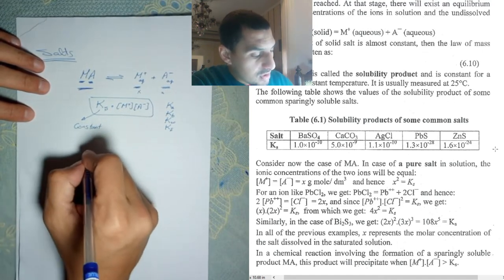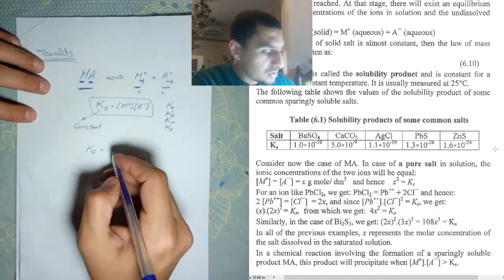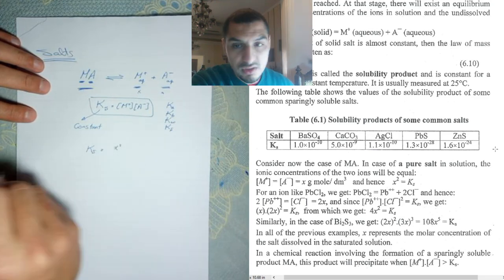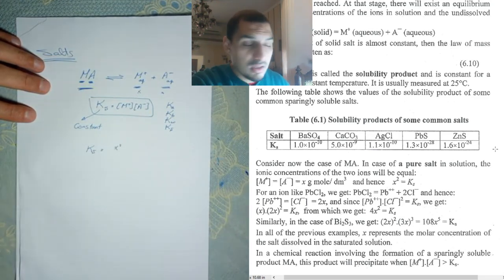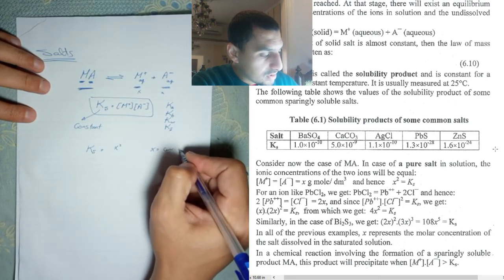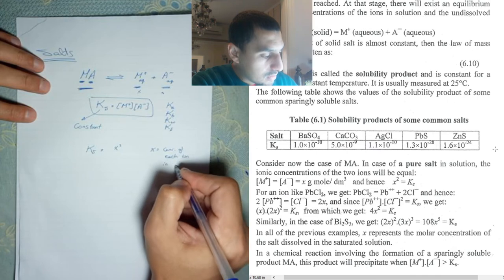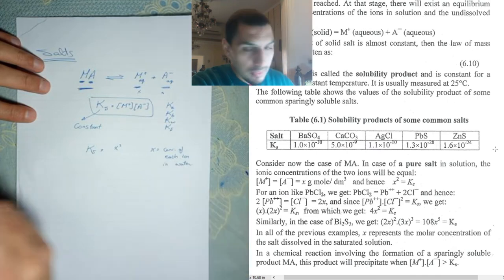So the K for the salt is going to be the multiplication of these two, which is X squared. So X is the concentration of each ion in water.